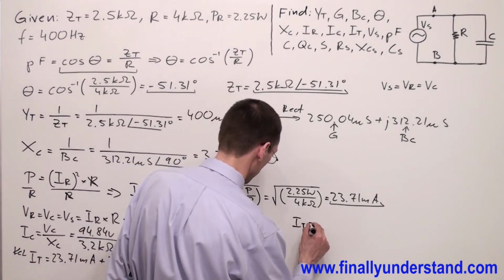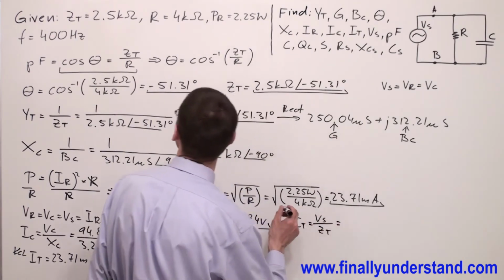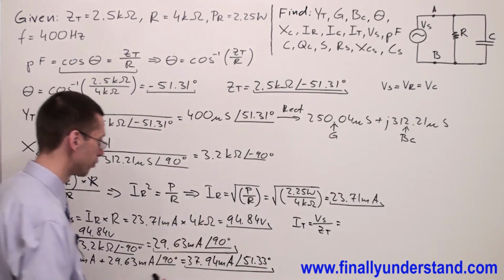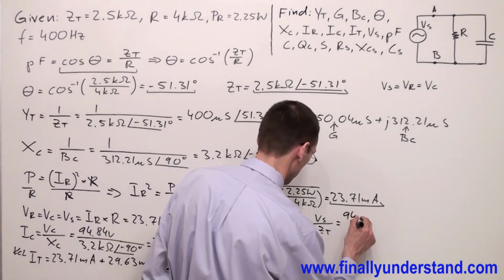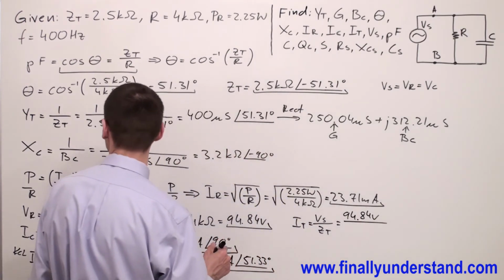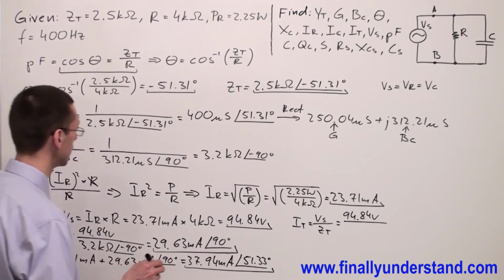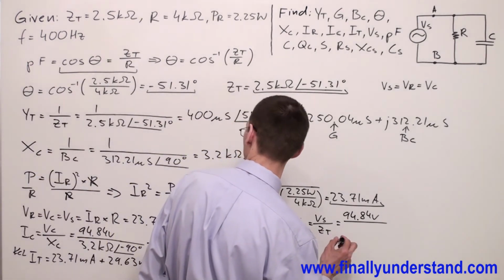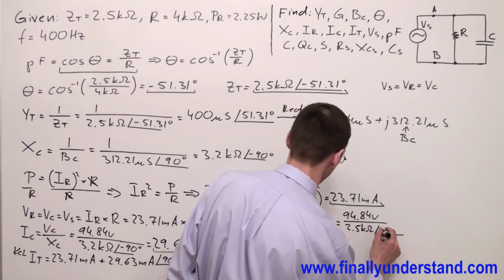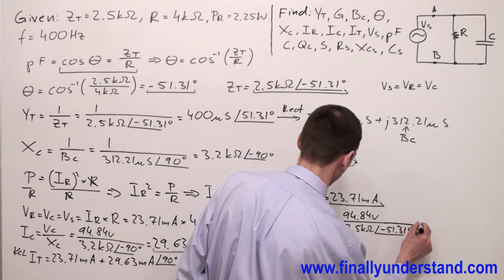I total is equal to voltage source over Z total, where the voltage source we found is equal to 94.84 volts, divided by Z total, and we found Z total, this is equal to 2.5 kiloohms and angle of negative 51.31 degrees.